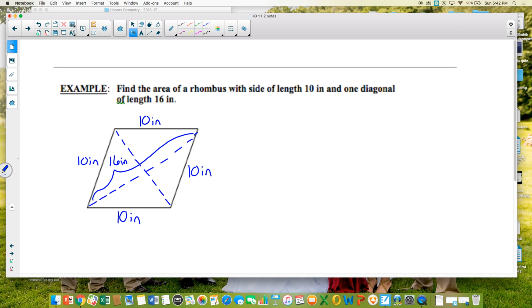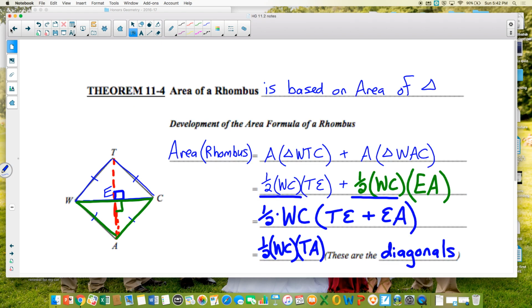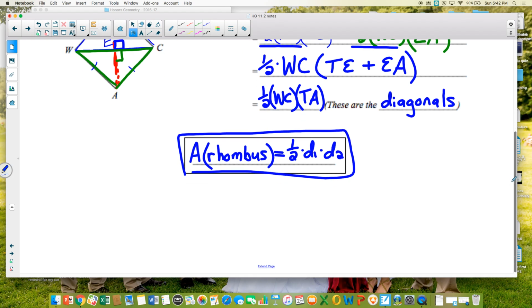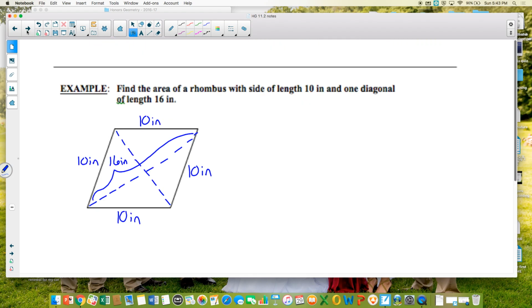We want to find the area of this rhombus. Looking back, area of rhombus is diagonal 1 times diagonal 2 times half from this box. So taking that formula, area of rhombus equals 1/2 diagonal 1 times diagonal 2.